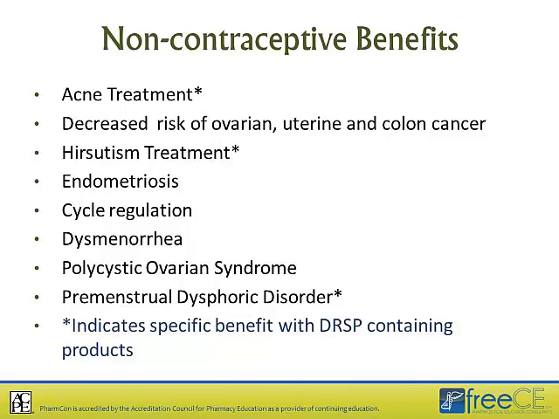They're used in polycystic ovary syndrome, which our patient may have, as well as premenstrual dysphoric disorder. Now, the stars really indicate specific benefit where drospirenone may be especially helpful because of its progestin properties being anti-androgenic. And so we end up in this potential dilemma in choosing an agent based on other patient characteristics.